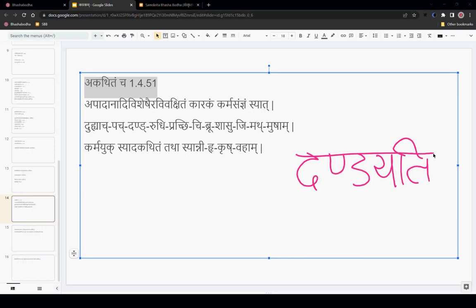Just a simple relationship is intended of a word which is not directly supposed to be a karma, but the person stating the vakya doesn't want to indicate that karaka relationship. You just want to put a simple relationship with the kriya. Then it gets karma and dvitiya. So here, arakshakah choram shatam dandayati.